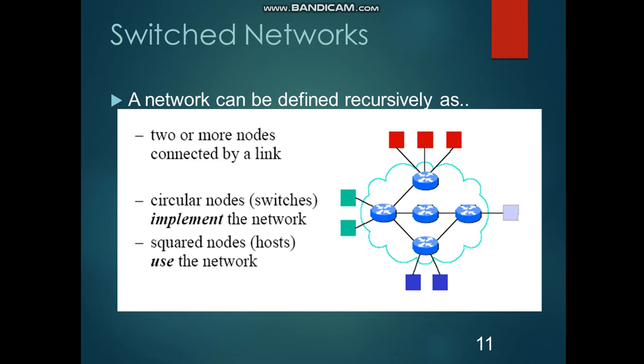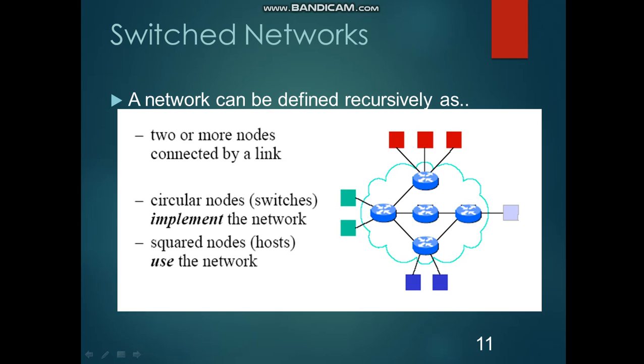Next we have switched networks. A network can be defined recursively as 2 or more nodes connected by a link. Then we have the circular nodes, which are the switches, and this cloud is a network. So a switched network means that this is a network, the green is a network, blue is a network.